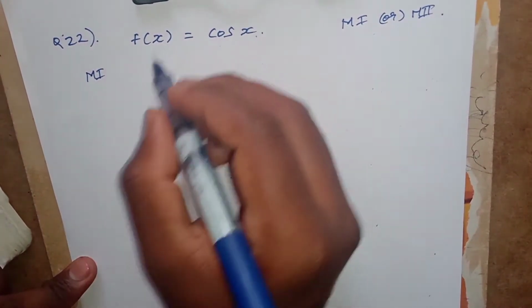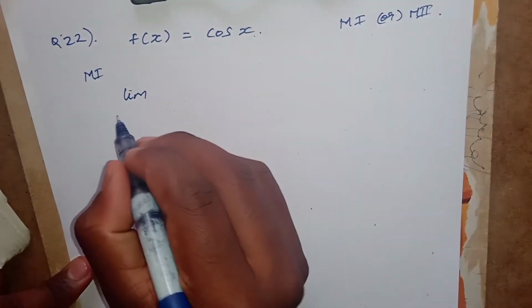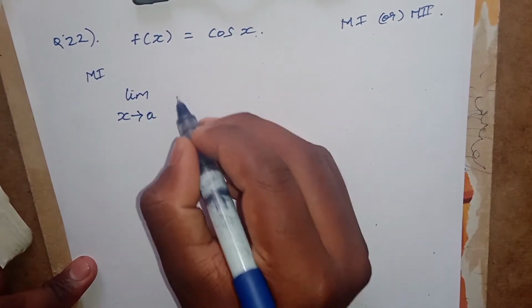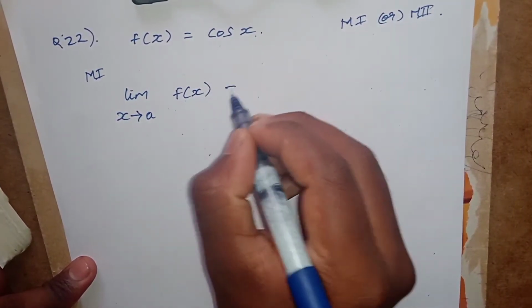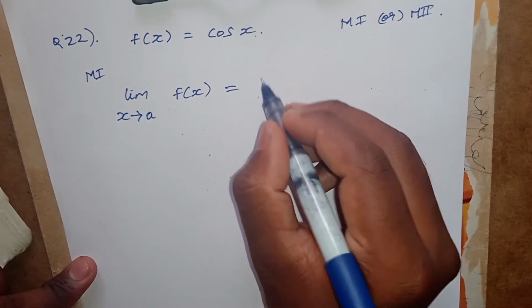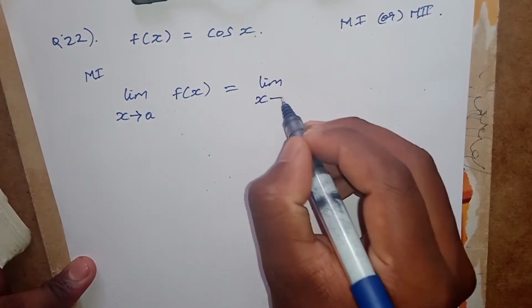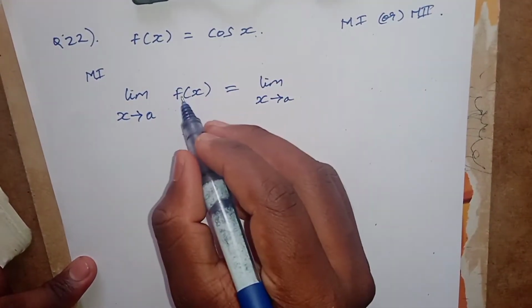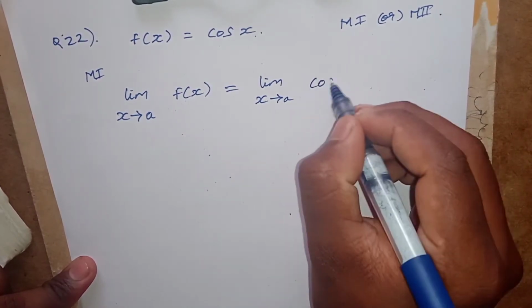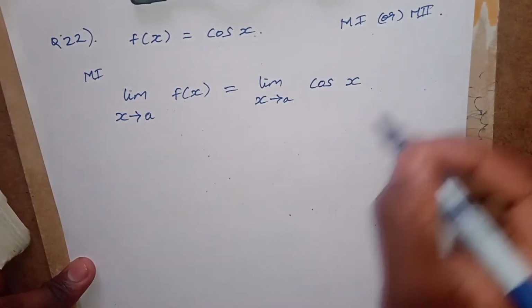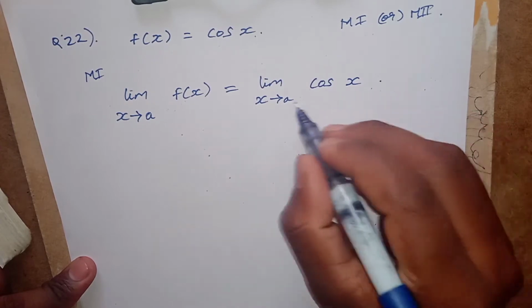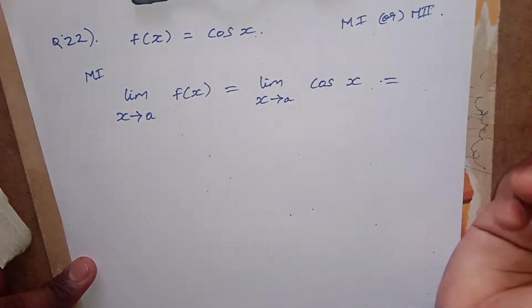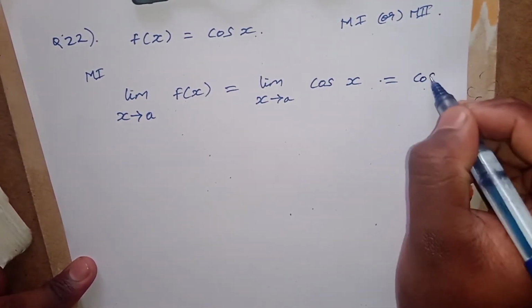Method 1: limit x tends to a, f of x is equal to limit x tends to a, and in the place of f of x, my function is cos x. Therefore, in the place of x you substitute a, giving cos a.